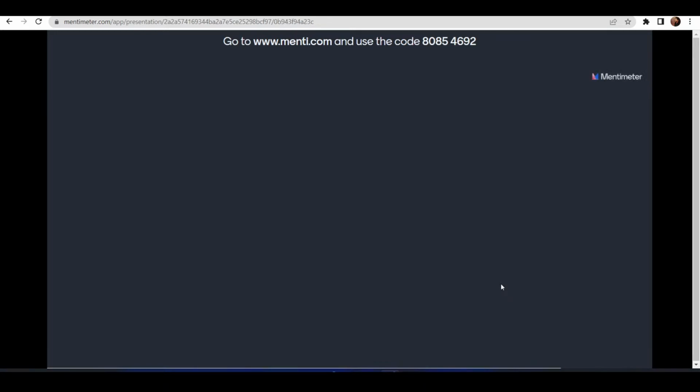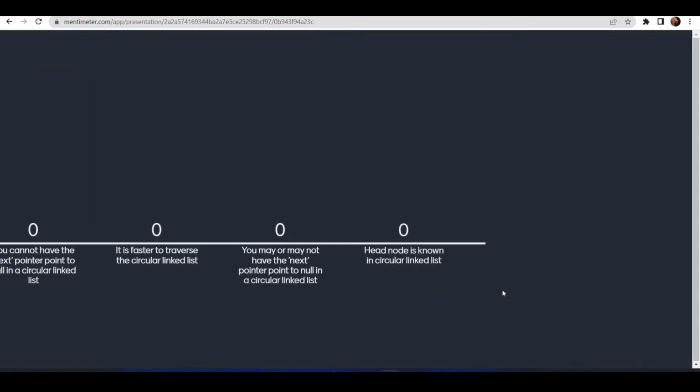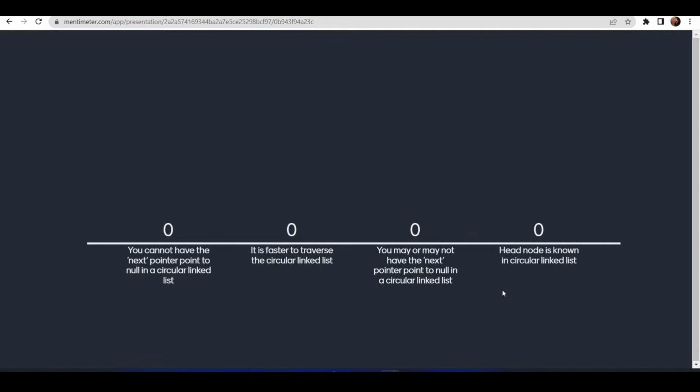So moving to the next question. What differentiates a circular linked list from a normal linked list? So here you have been given the options, as you cannot have the next pointer linked to a circular linked list.